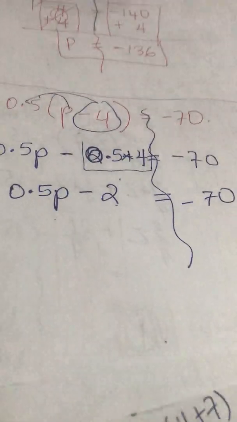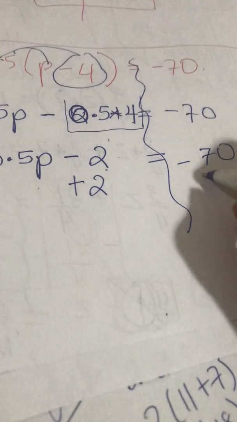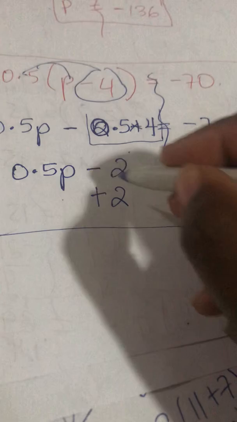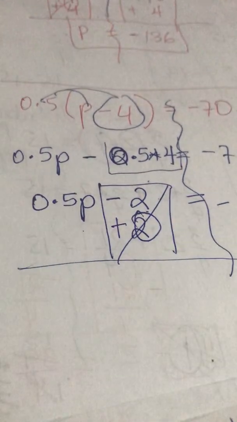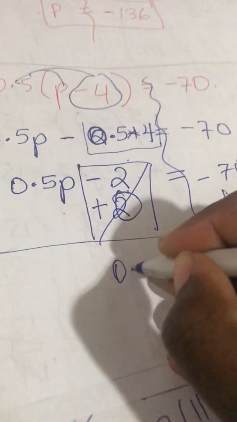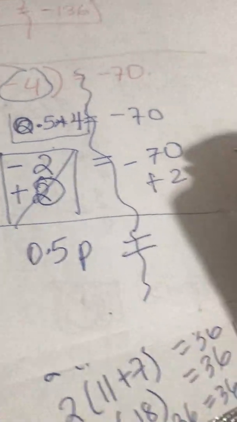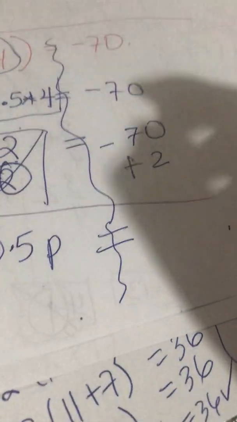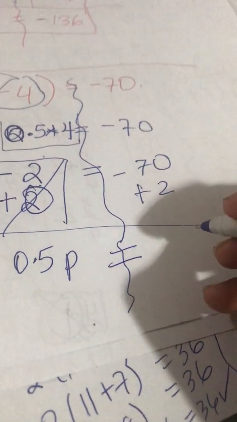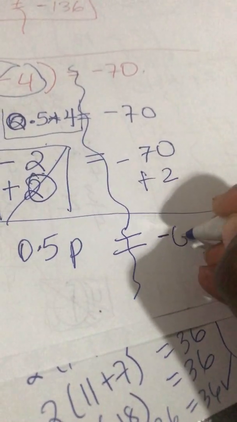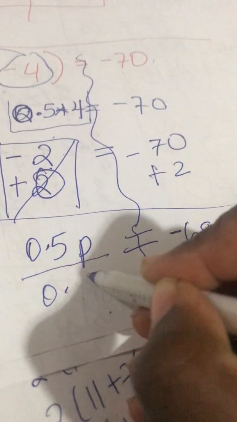Then what you do on both sides, you do addition property of equality. Add 2, add 2. This goes away because of additive inverse. Negative 70 plus 2, that will be negative 68. And then you divide both sides by 5/10.